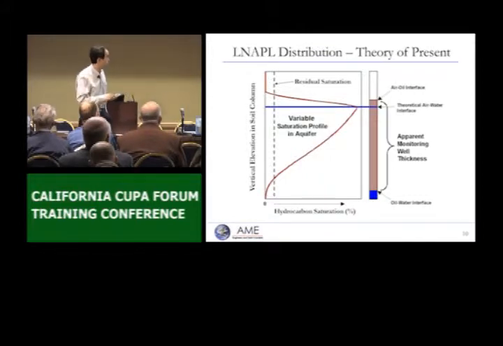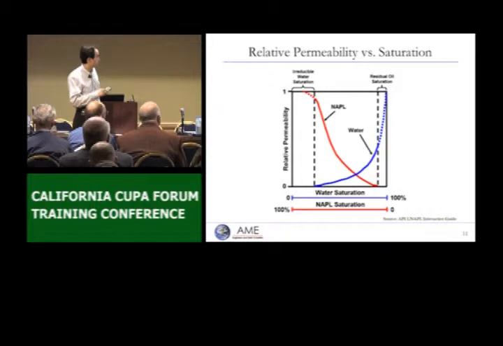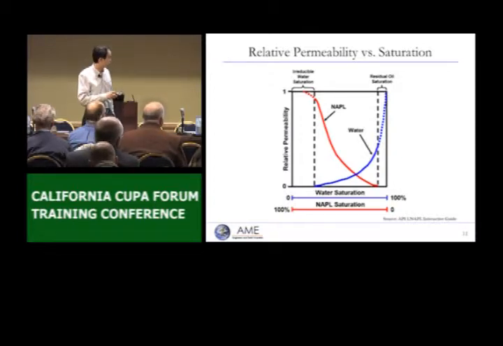All right, this is a very general situation for relative permeability as a function of saturation. It has actually two curves, one for water, one for LNAPL. For the LNAPL, the saturation on the x-axis ranges from 0 to 100%.